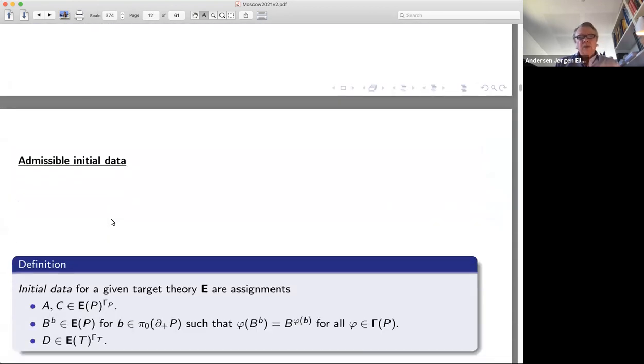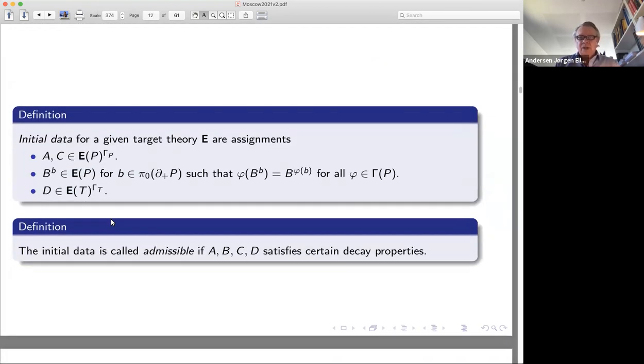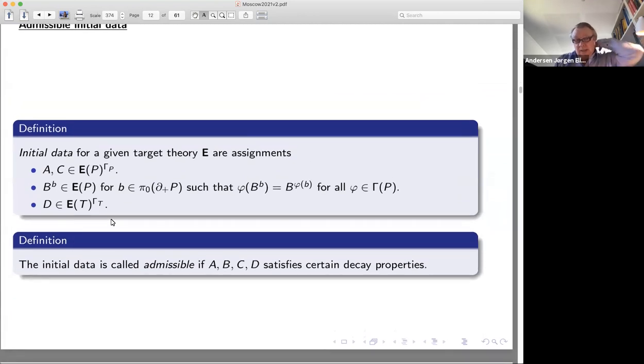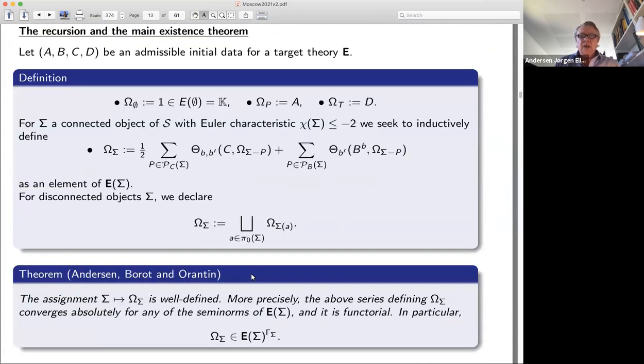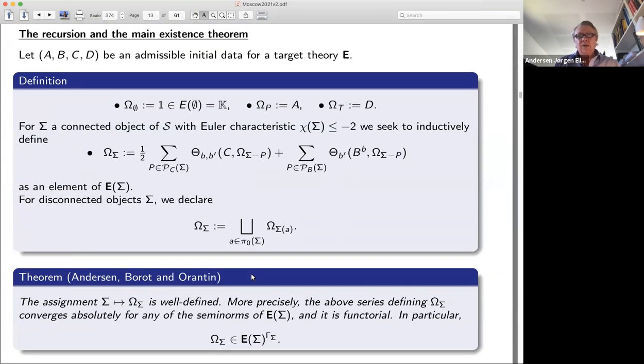And then I will get to in a second what it means to be admissible for initial data. So initial data that satisfies certain norm estimates with respect to all of these semi-norms we haven't really touched on yet. So they decay appropriately. And if we have such a setup, then we get this main construction and theorem here.